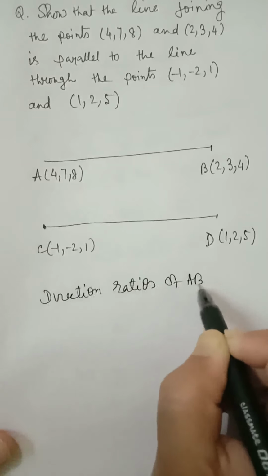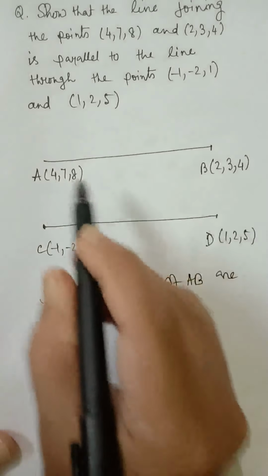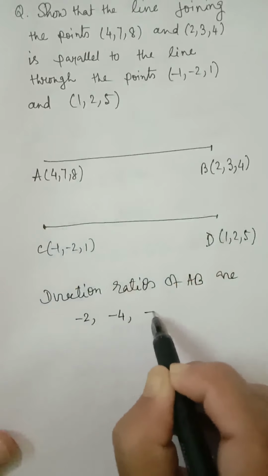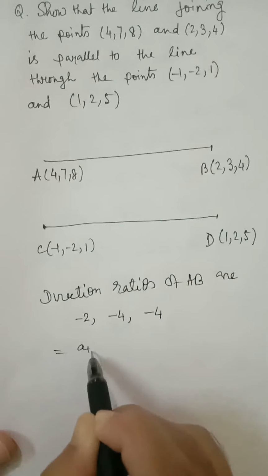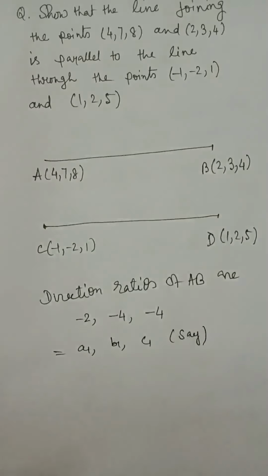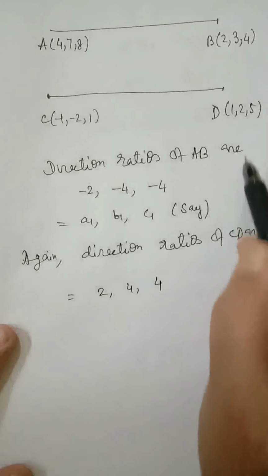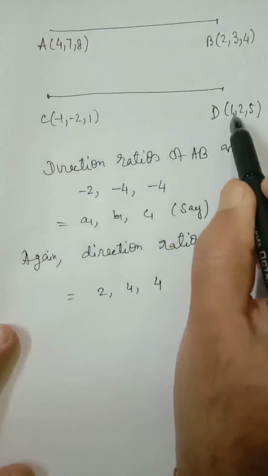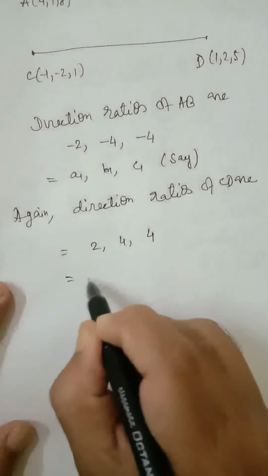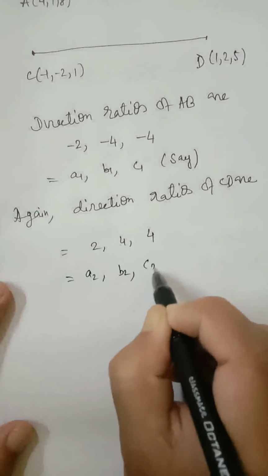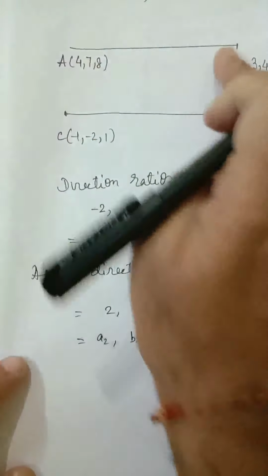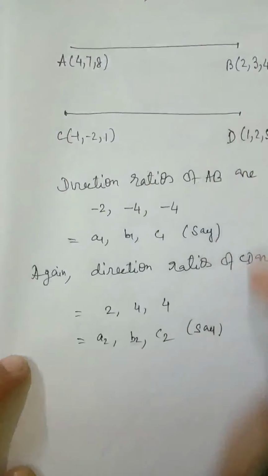Direction ratios of AB are x2 minus x1, which is 2 minus 4, 3 minus 7, 4 minus 8, that is -2, -4, -4, equal to a1, b1, c1. Similarly, direction ratios of CD will be x2 minus x1, so it will be 2, 4 and 4, equal to a2, b2 and c2. So a1, b1, c1 are the direction ratios of AB, a2, b2, c2 are the direction ratios of CD.